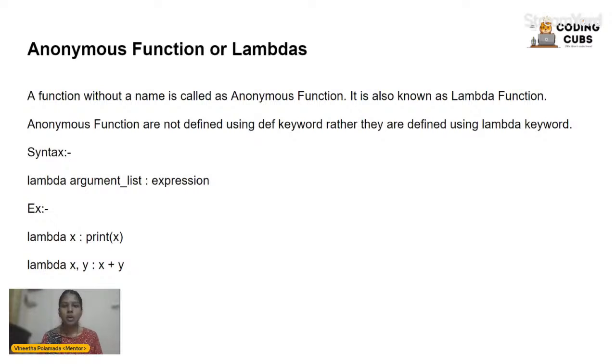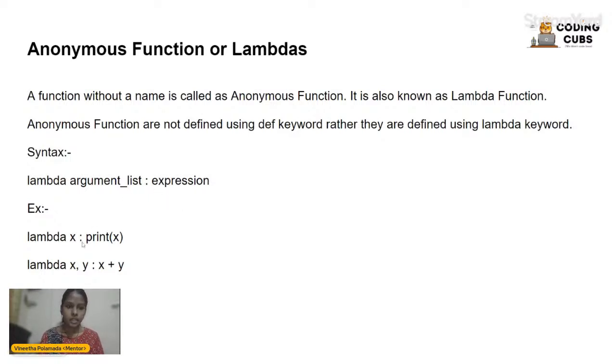In a general function, after you write def, the function name and a colon, in the rest of the body you'll have your logic, whatever you want to perform again and again. Here, after the colon you will write your expression, so your entire logic will be in the form of one expression. A lambda function cannot have multiple expressions, only one.